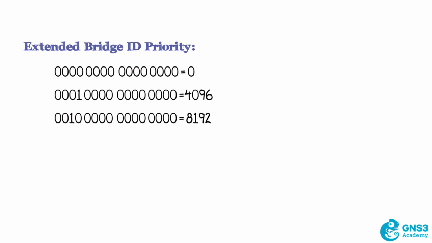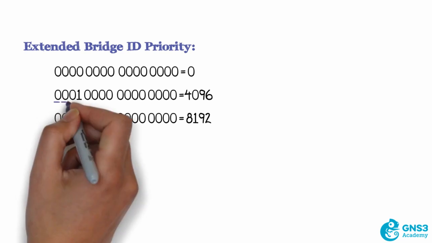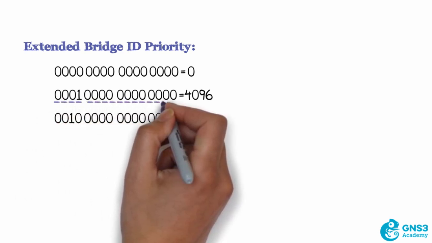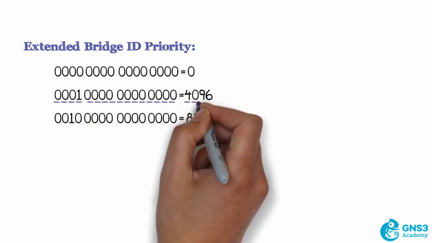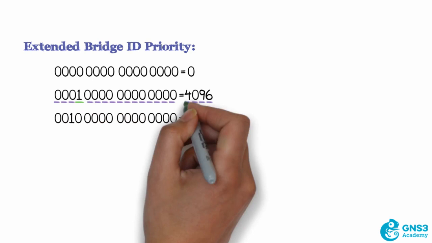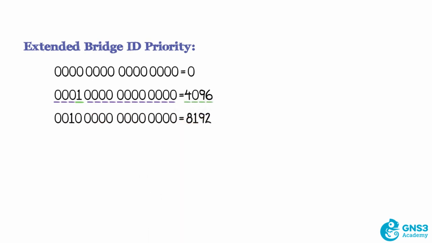So if you set the bridge priority portion, the 4 bits, to binary 1, and you take the full 2 bytes into account, that would equate to 4096 in decimal. So if the priority bit is set to 1, the extended bridge ID priority works out to 4096 if you take into account the full 2 bytes.